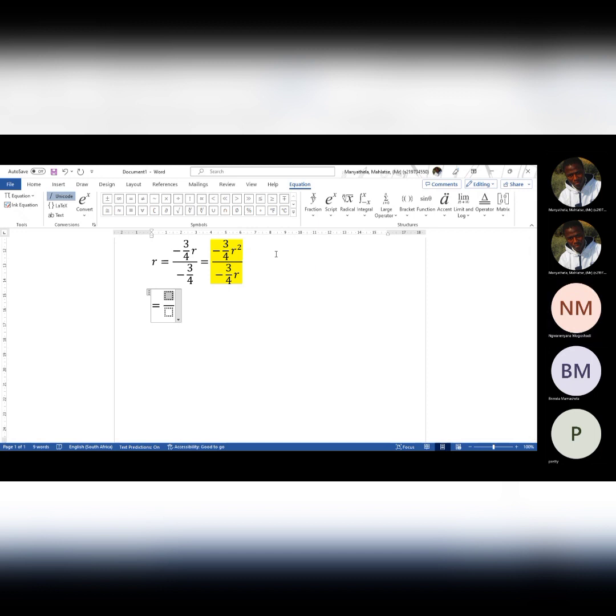Negative 3 times negative 3 over 4 times negative 3 over 4 is 9 over 16, so we have 9 over 16 r squared. Again, this one times here, still the same matter.